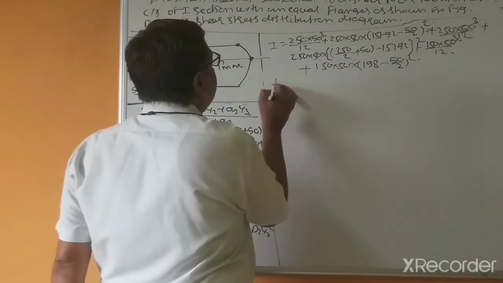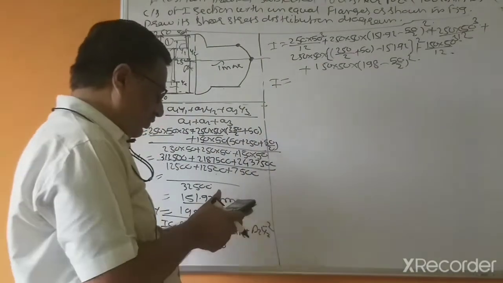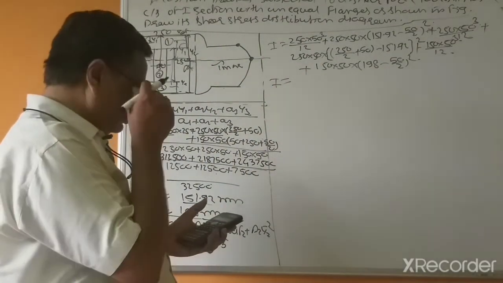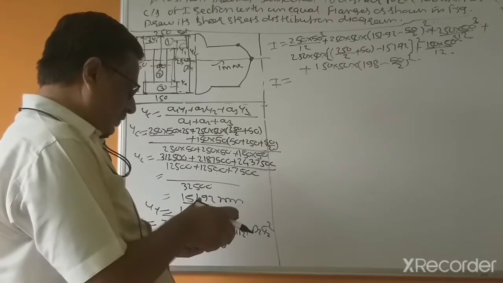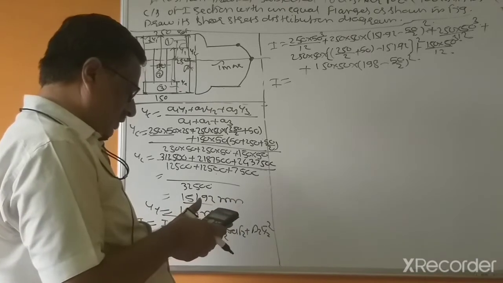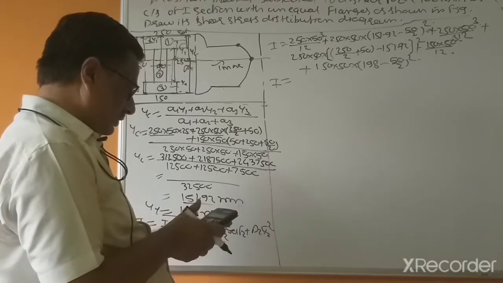So in this problem, moment of inertia is very important. 250 into 50 cube divided by 12.